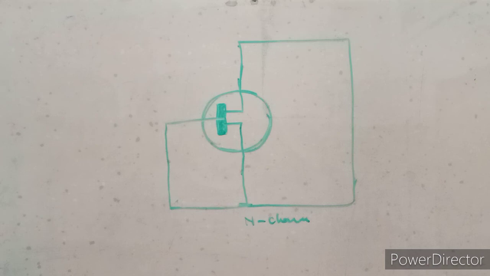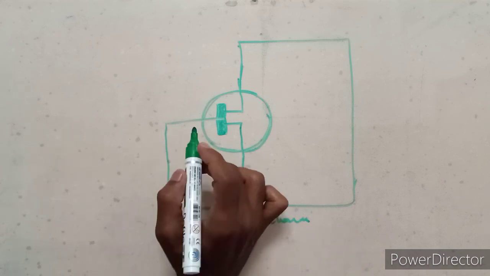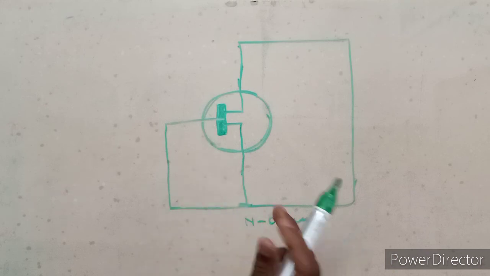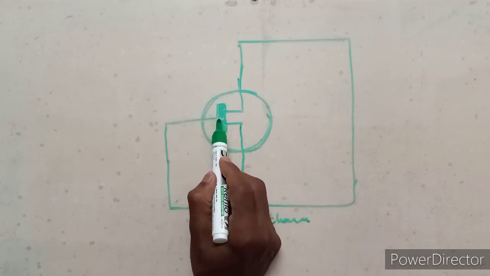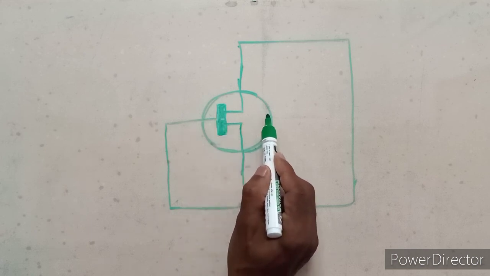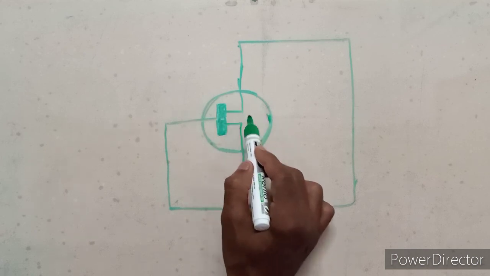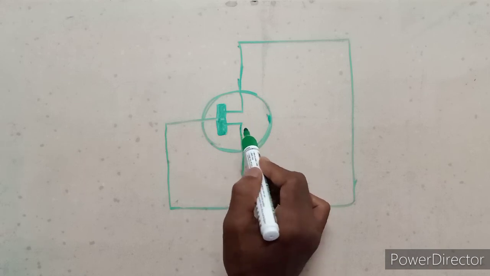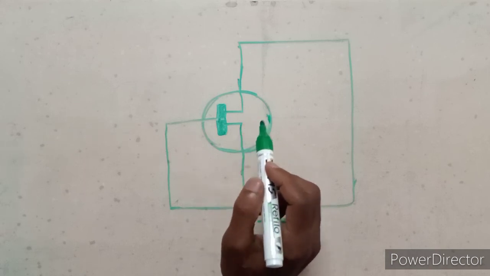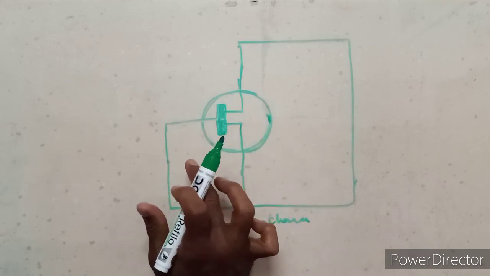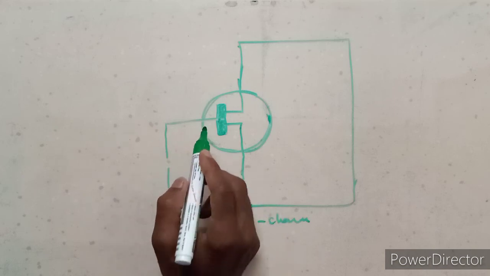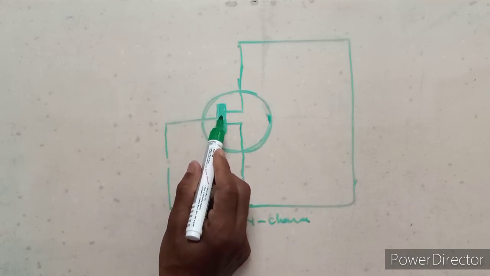Once again we observe the circuit. This is the n channel JFET, so this is the n channel, with p type semiconductor on both sides.